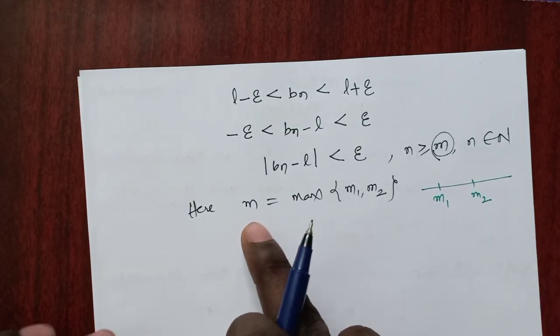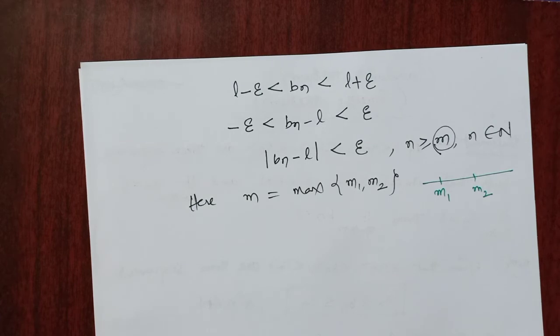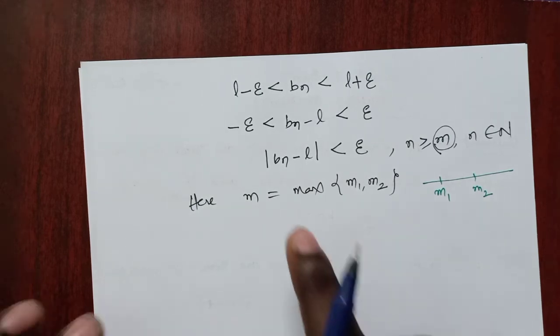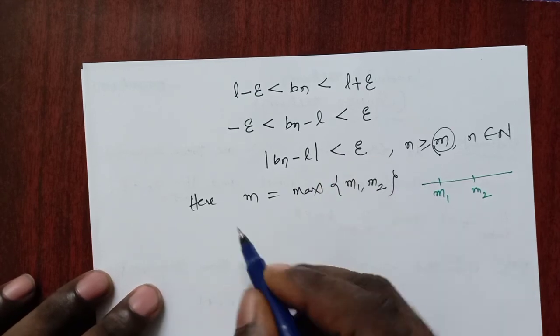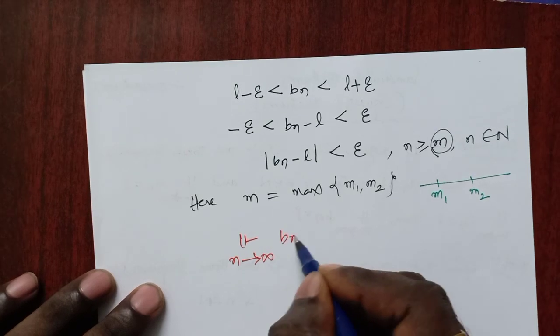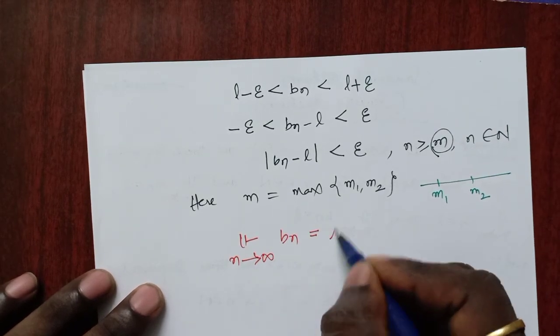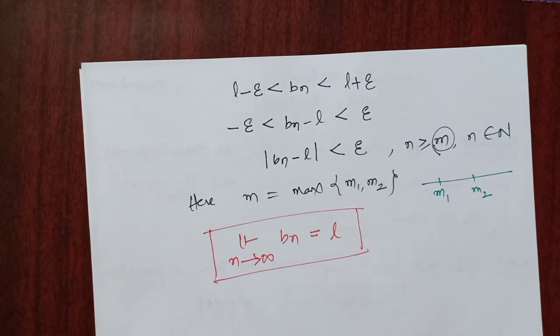That's why I take the maximum. So modulus of bn minus l is less than epsilon, which means that limit as n tends to infinity of bn is equal to l. This is what we needed to prove. Thank you.